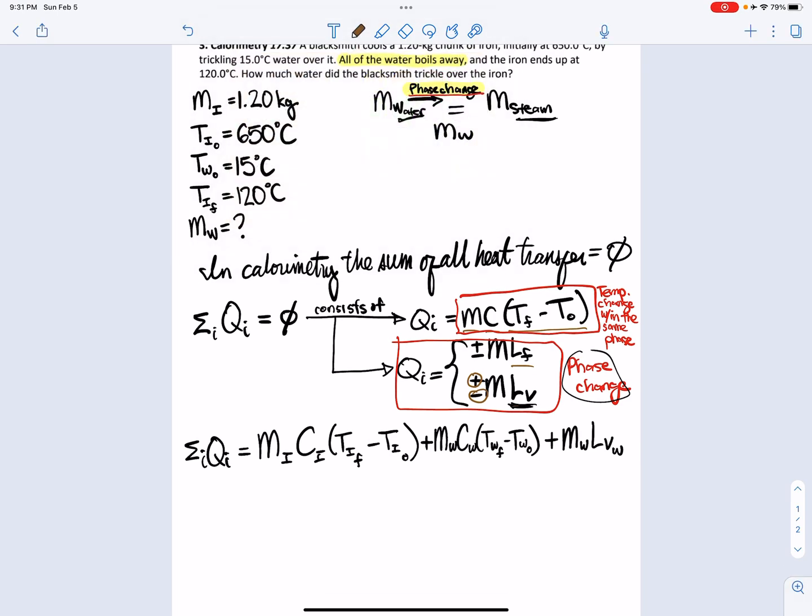So this is the heat transfer associated with the temperature change for iron.